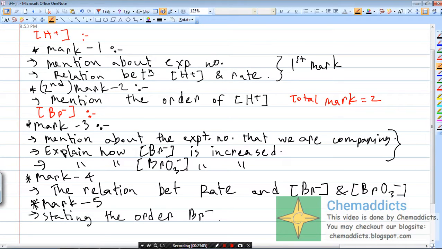So the total mark for this part, particularly bromide, is 3. Okay, so 2 plus 3 is 5, as you can see.